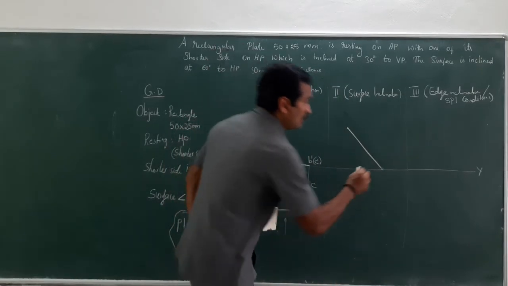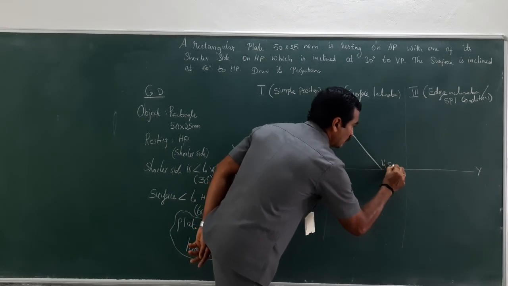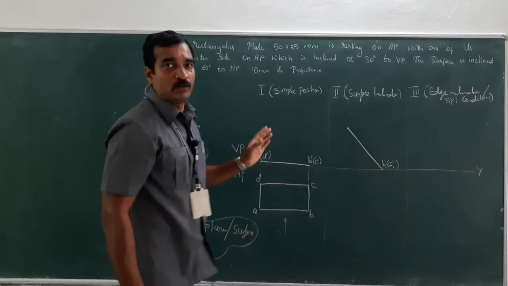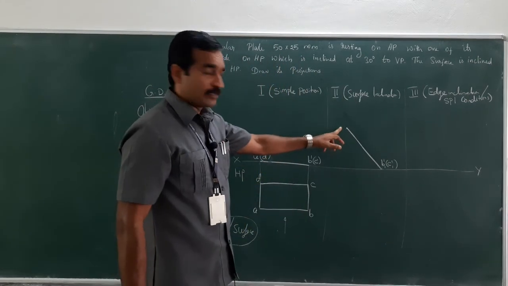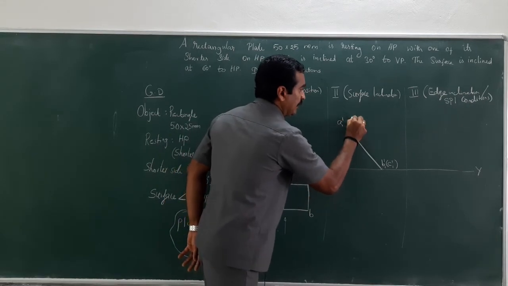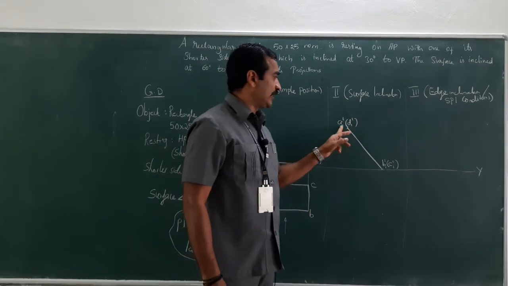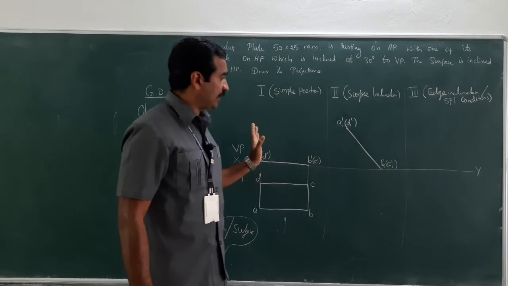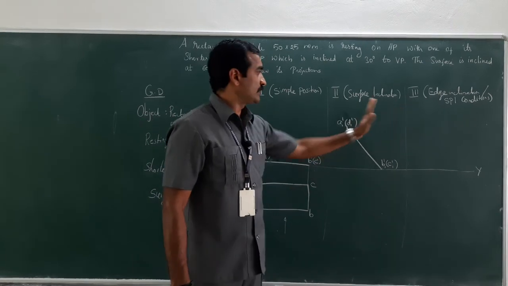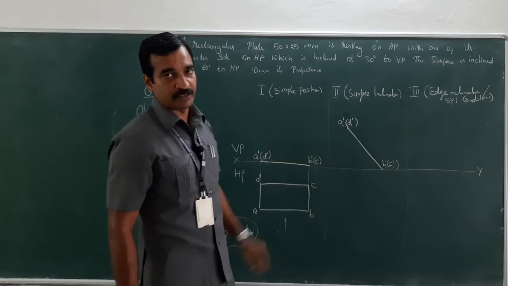Here, the resting point could be B1 dash and C1 dash. What about this point? This could be A1 dash and D1 dash. The reason why I am mentioning 1 is in order to differentiate the simple position from the surface inclination, because this is stage 2. So, that's the reason I changed the notation.